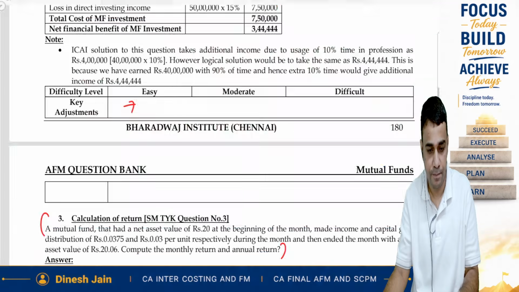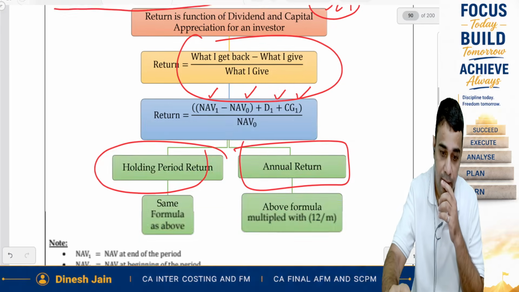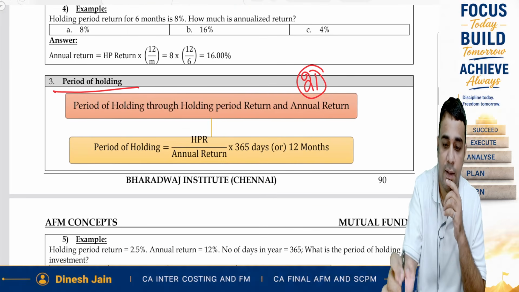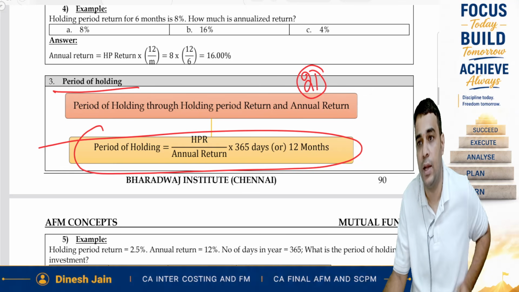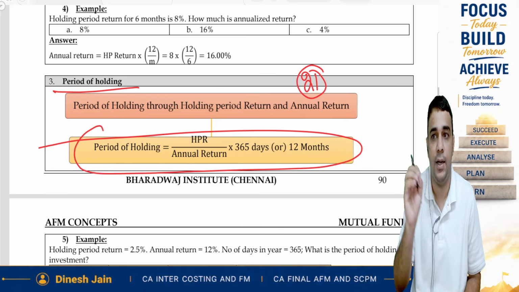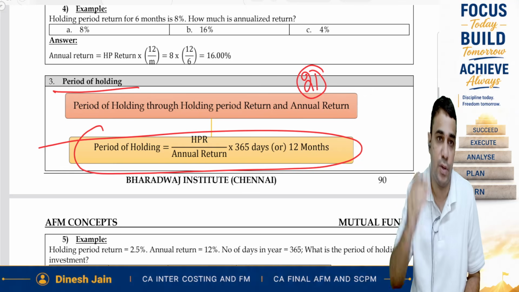This is your concept 3. Period of holding, reverse working. There is a formula, but I don't believe in formula. Don't get into the formula trap. Wherever possible, let us do without the formula. Formula will become a trap because you have to remember so many things.